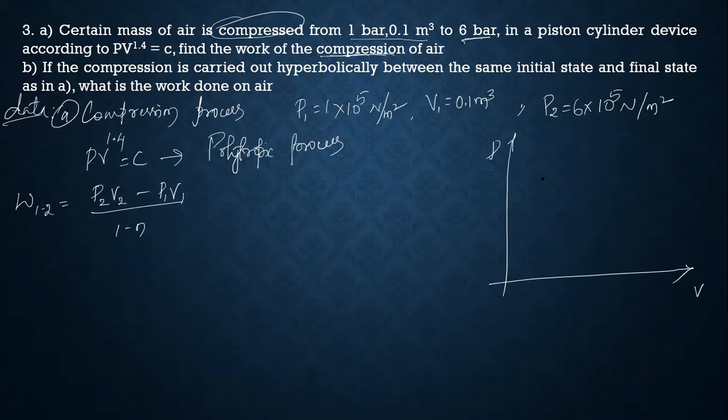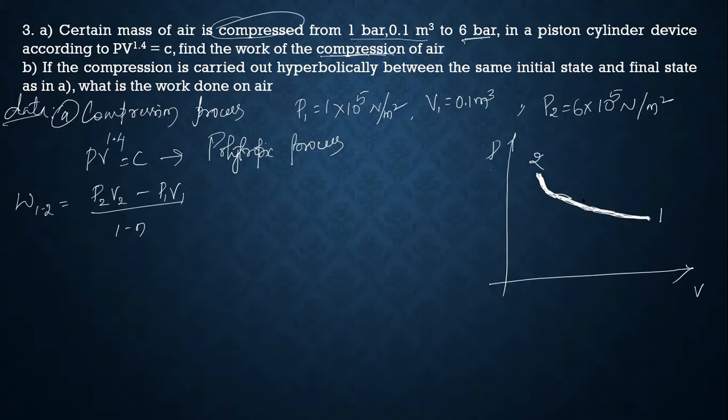Let me write the PV diagram. Pressure and the volume. It's a curve in a PV diagram. As it is a compression, therefore pressure increases, volume decreases.